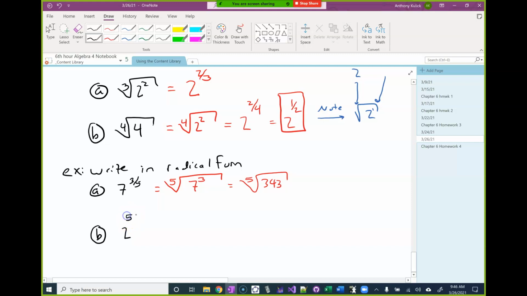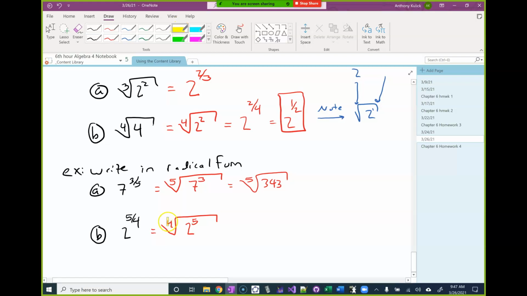We have 2 to the 5/4. Again, the denominator of our exponent is the index for our radical. And then 2 is the number under our radical, and the numerator from our exponent is the exponent on the 2.